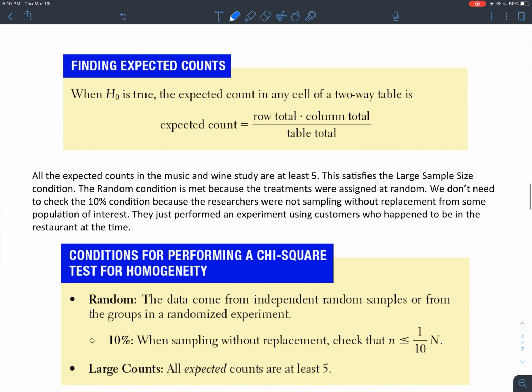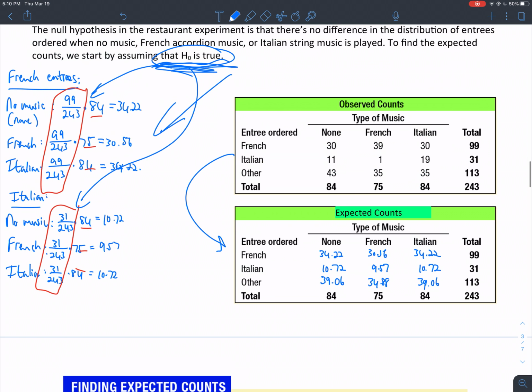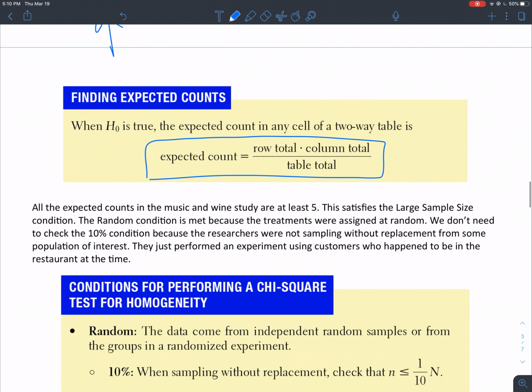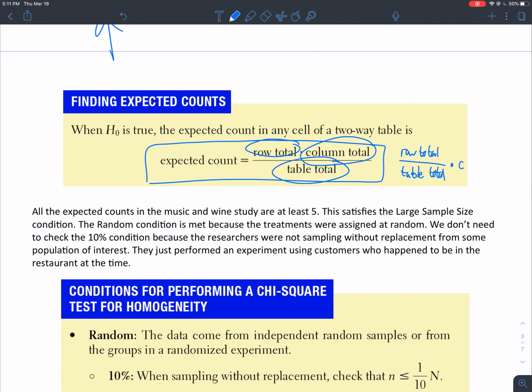Okay, so here is the general rule for calculating expected counts. If you understand this concept, I don't think you really need the formula, but here it is: it's the row total divided by table total times the column total. We wrote it like this, row total over table total, which is the null hypothesis proportion basically, and then we multiplied that by the column total.